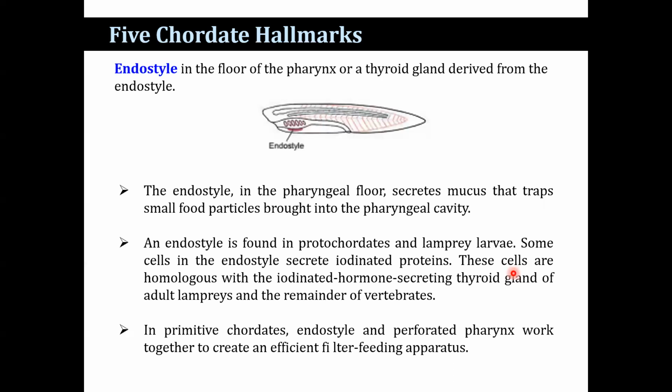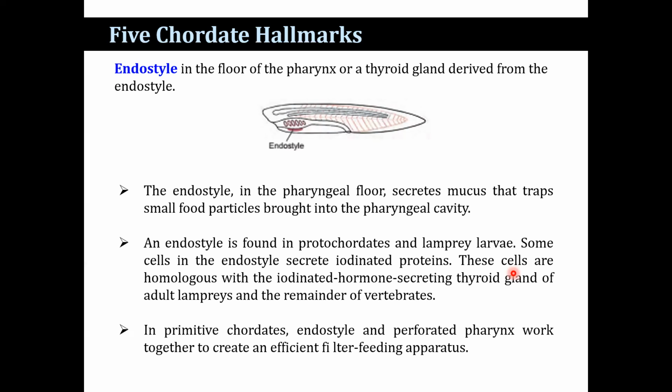Now, the endostyle. Until recently, the endostyle was not recognized as a chordate characteristic feature. However, its derivative, the thyroid gland, is found in all chordates but in no other animals.